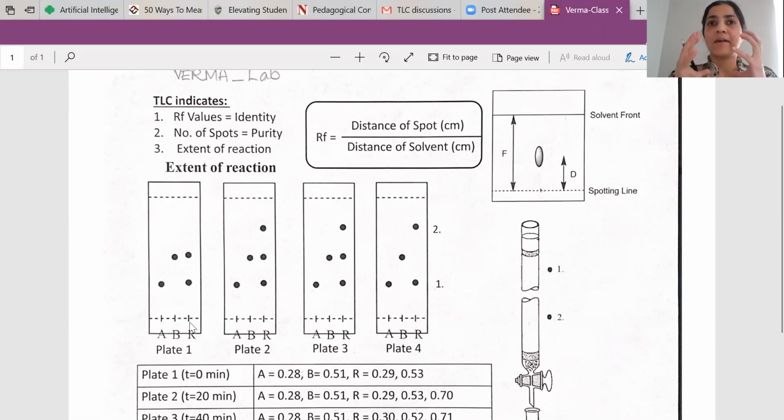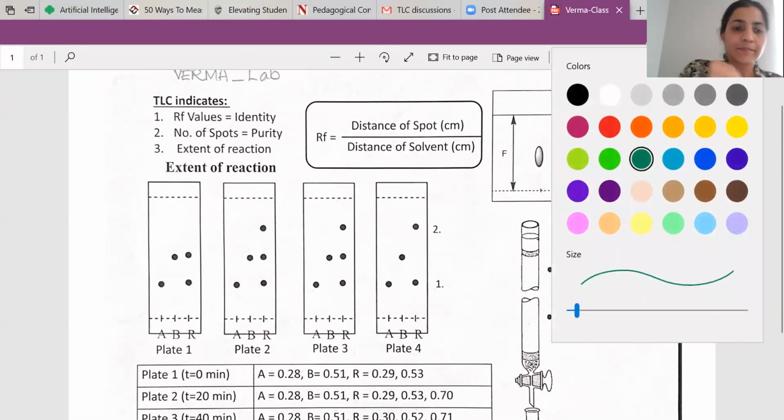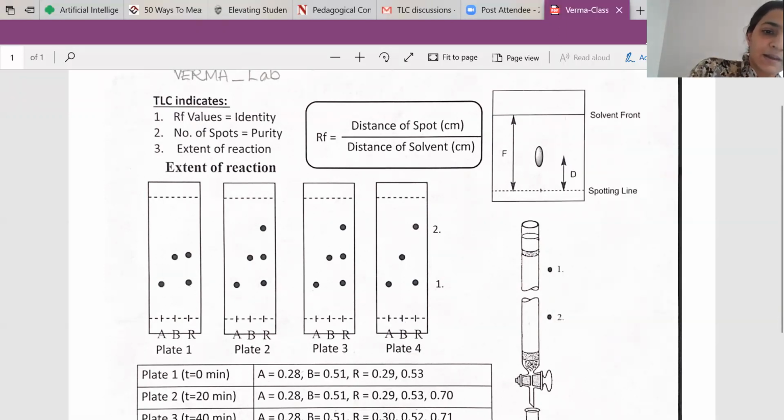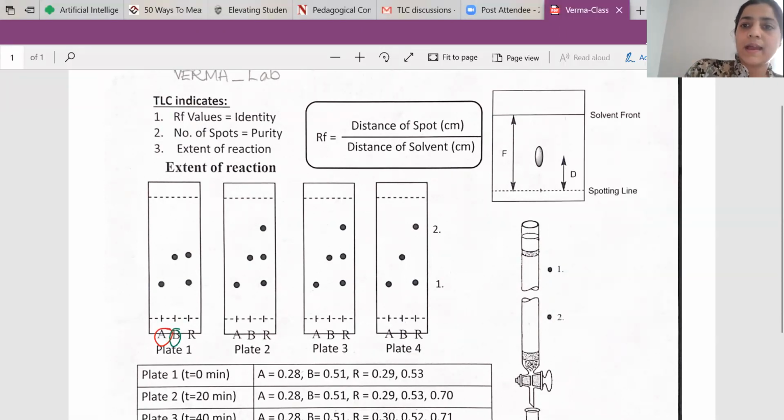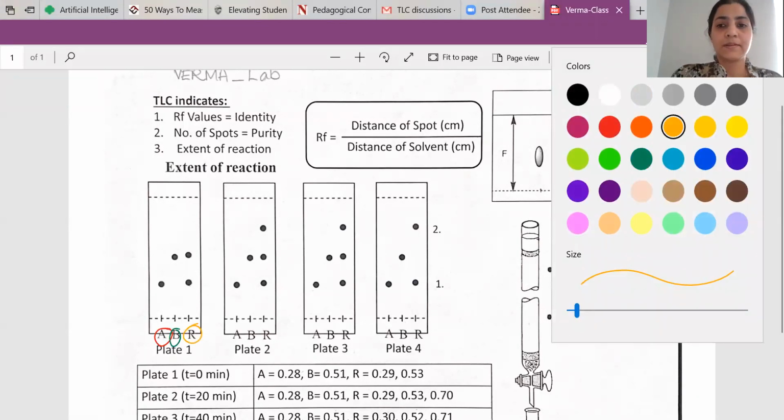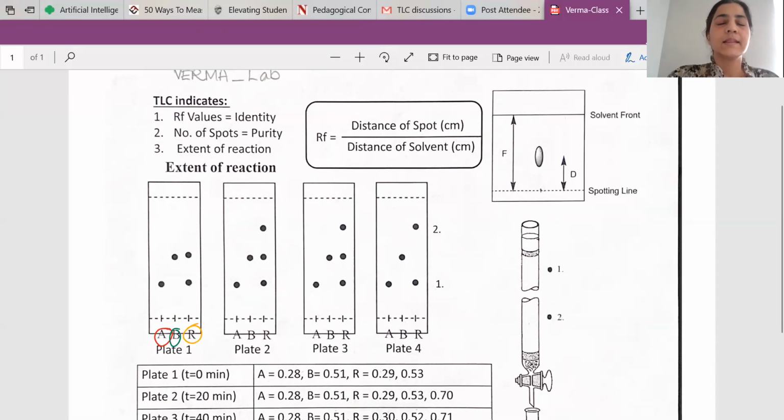So I have my reaction pot with A and B together, and I dip my capillary tube just a little bit so I can collect a little sample in my capillary tube. I spot my authentic A, authentic B, and then the reaction mixture.